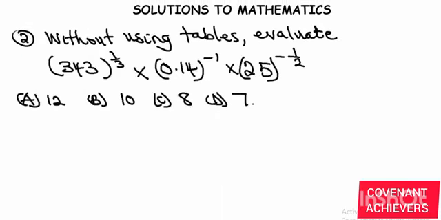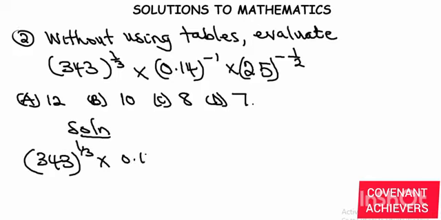Okay, now let's see how we are going to solve the second question, without using tables. Evaluate, and let's see the solution. You want to evaluate 343 raised to power 1 over 3 times 0.14 raised to power minus 1, then times 25 raised to power minus 1 over 2.